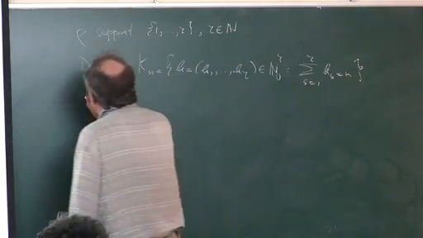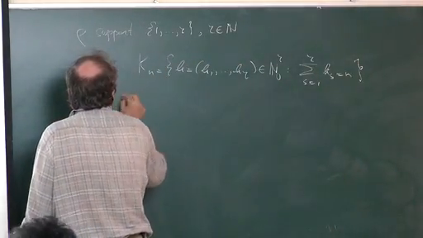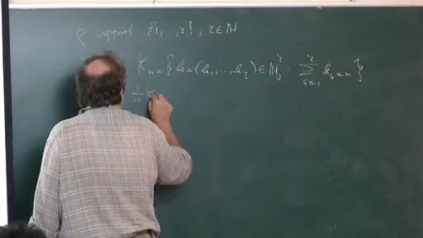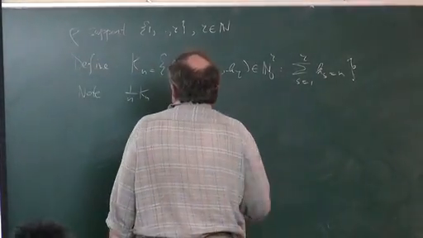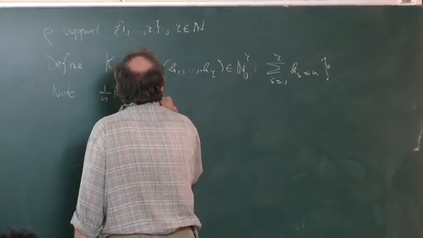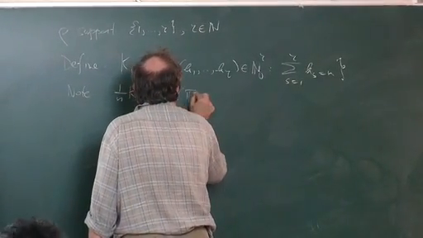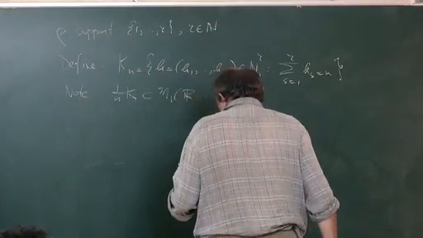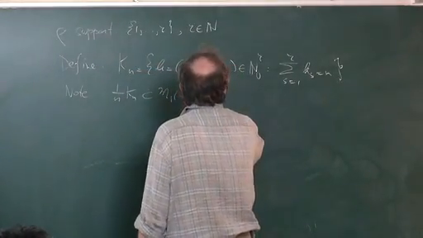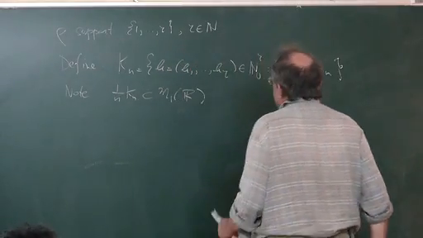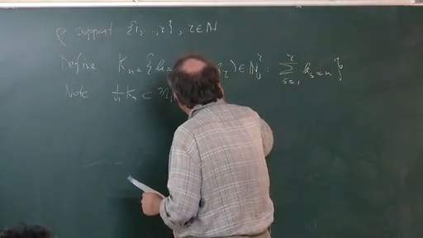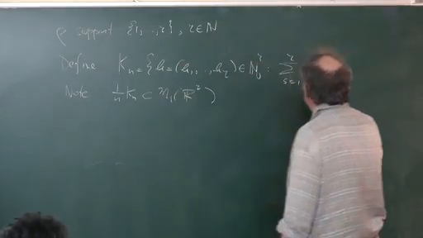And I want you to note that (1/n)K_n is certainly a subset of the probability distributions on R to the power r, right? Because of this condition here.